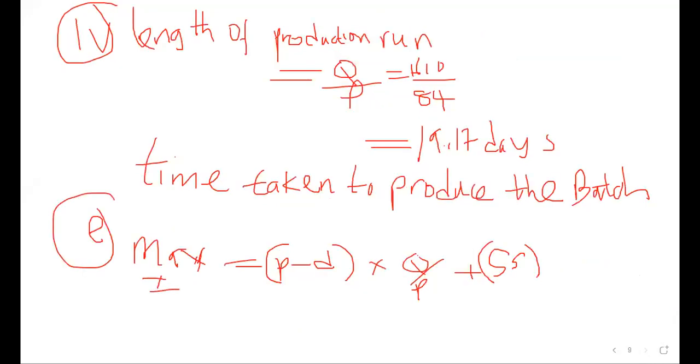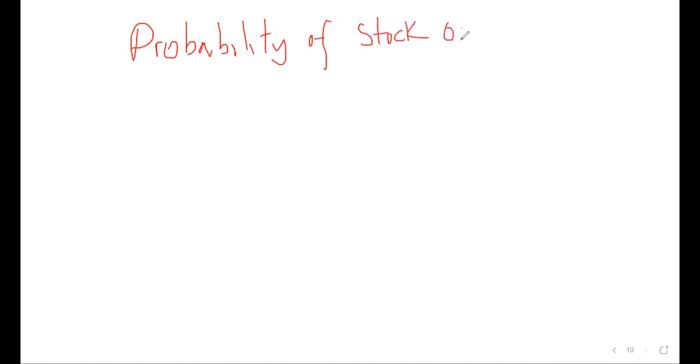So let's now find probability of stock out. So the probability of stock out, P, is equal to 1 out of number of production runs.